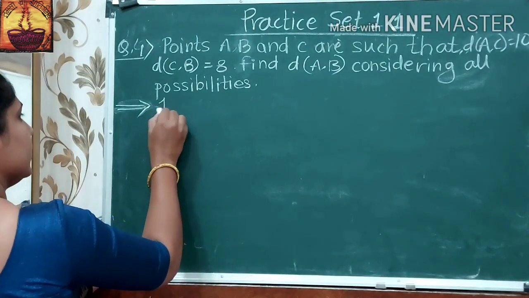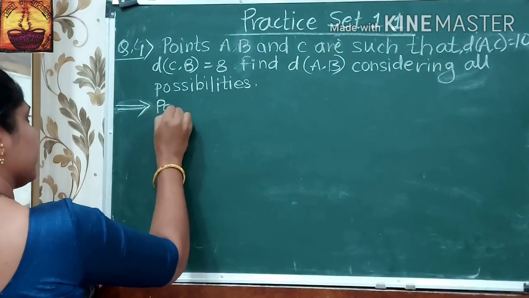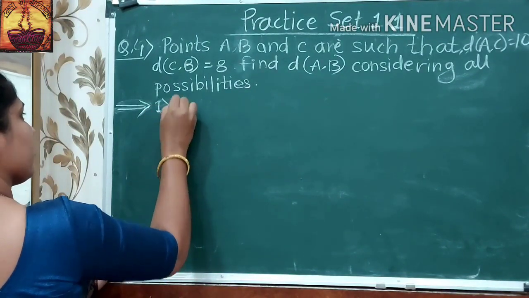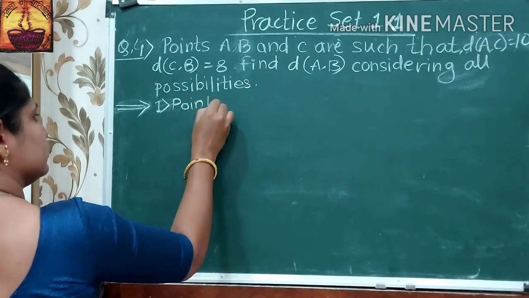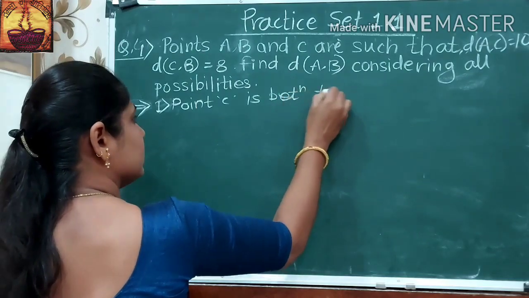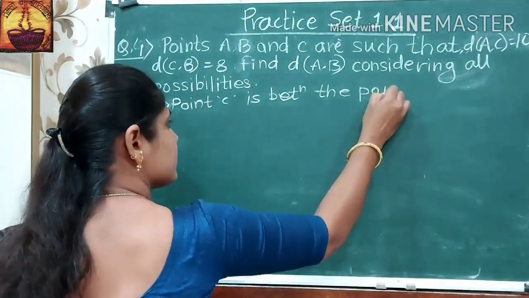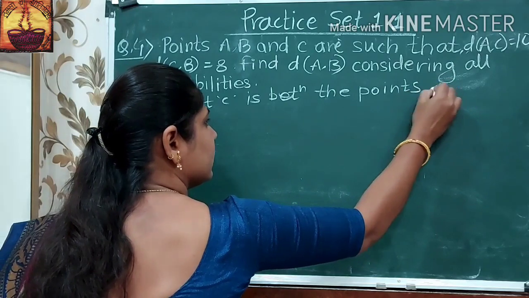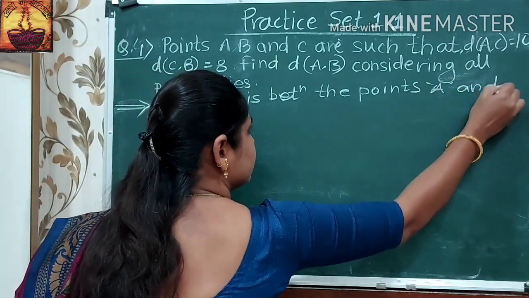Here the first possibility is point C is between the points A and B.